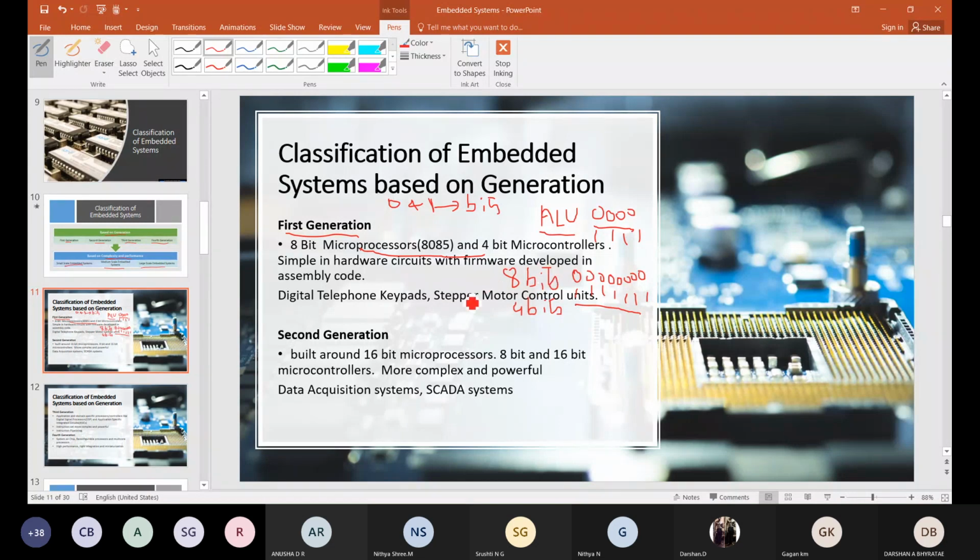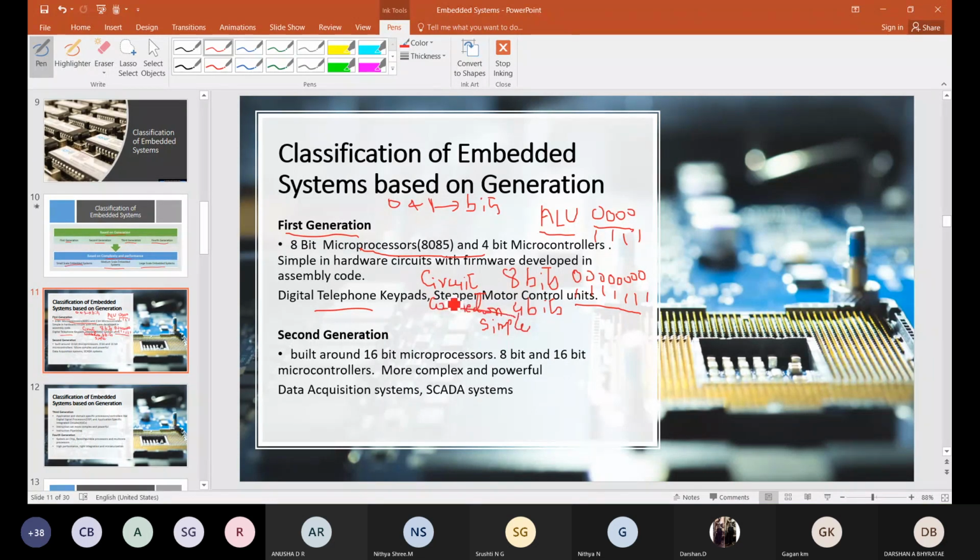The circuit complexity is very simple, not very complex. The circuit connection in this generation is very simple. That is what we call a first generation embedded system. Examples of first generation embedded systems are digital telephone keypads and stepper motors.